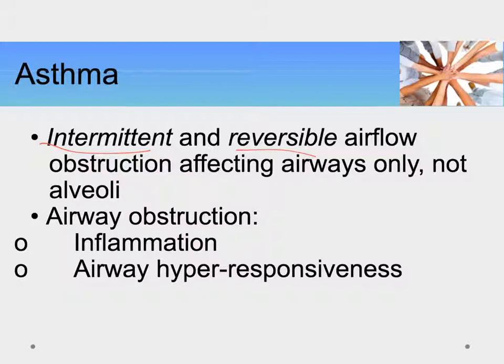Key definitions here is that the airway obstruction related to asthma is due to inflammation, and that's inflammation of the bronchioles. So if you think about the bronchioles here, the outside layer, the lumen here, and then inside here is like a mucous membrane. What occurs when a patient with asthma is exposed to their trigger?